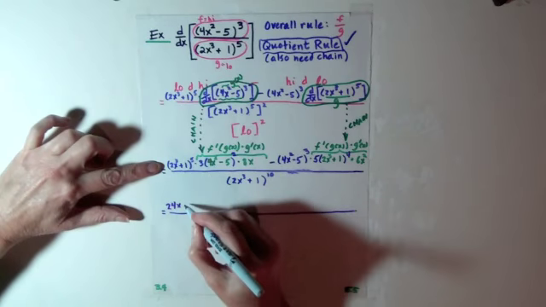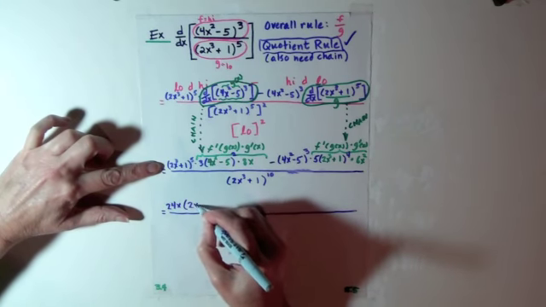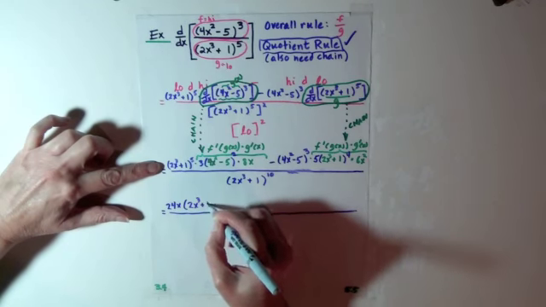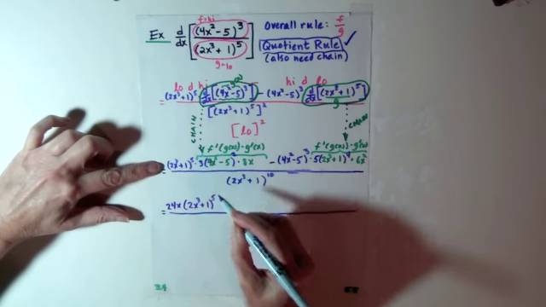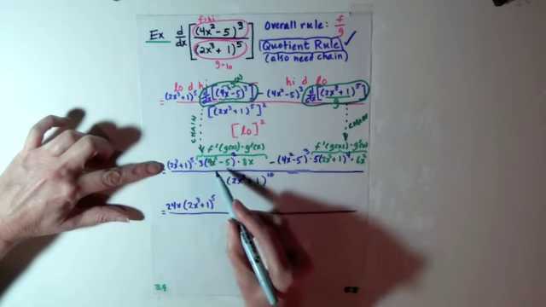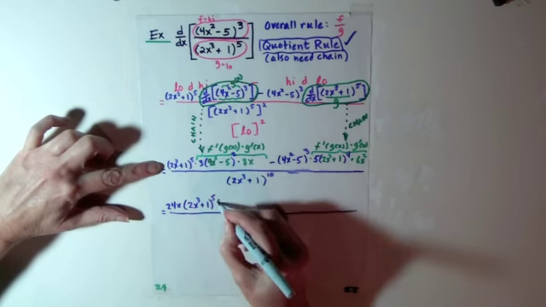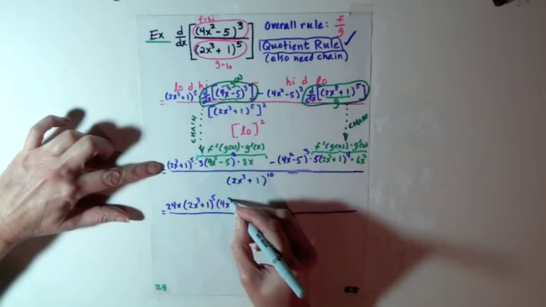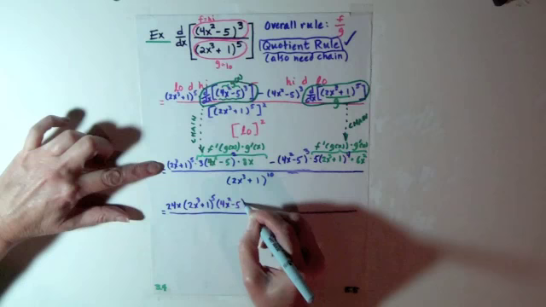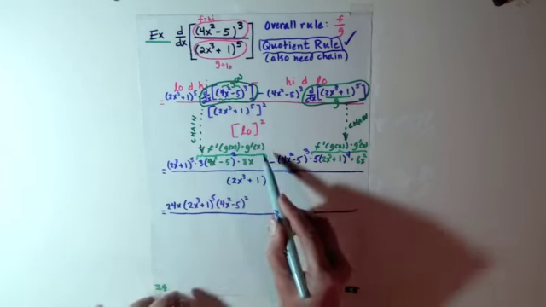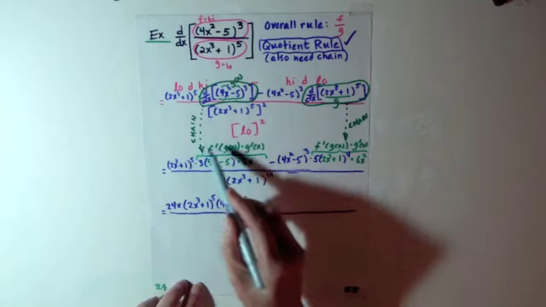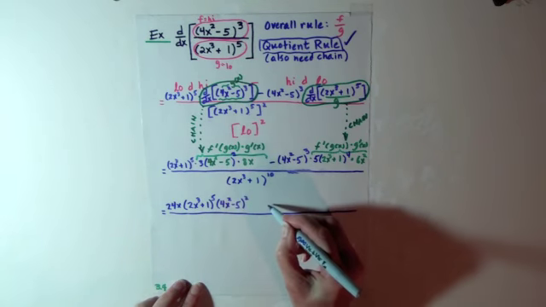And then I'm going to write down my 2x cubed plus 1 to the 5th power. That's the next factor I see here. And I also see a factor of 4x squared minus 5 to the 2nd. So that's just cleaning up this first term that appears in the numerator.